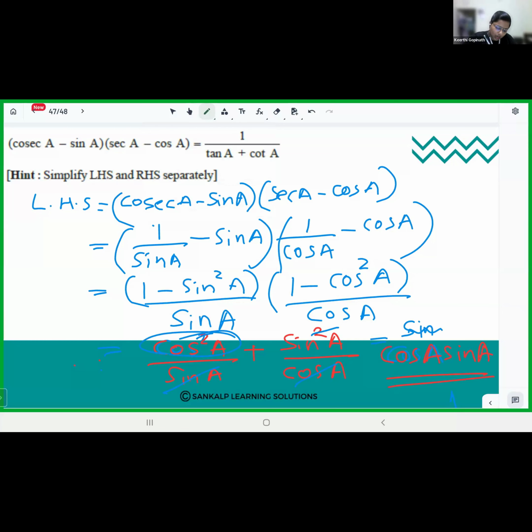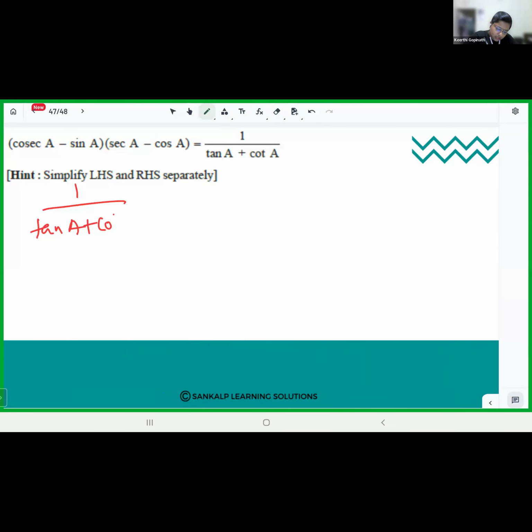Now consider the RHS. Okay, consider RHS. RHS is equal to 1 by tan A plus cot A. That is equal to, tan A can be written as sin A by cos A, plus cos A by sin A, all in the denominator of 1.